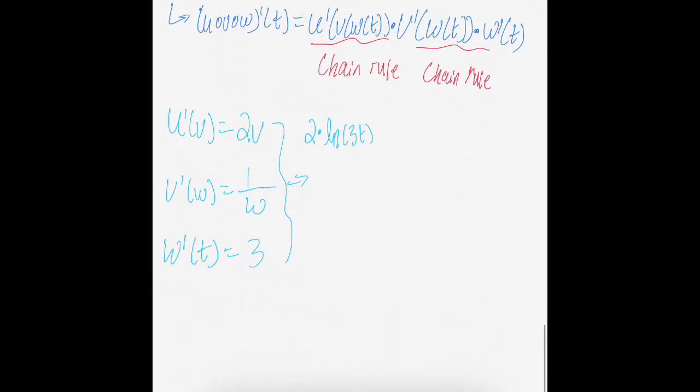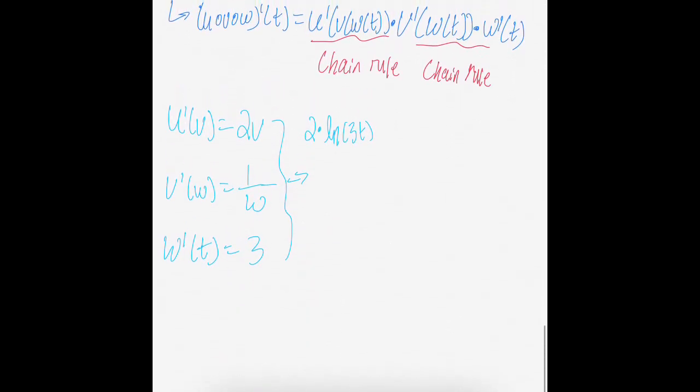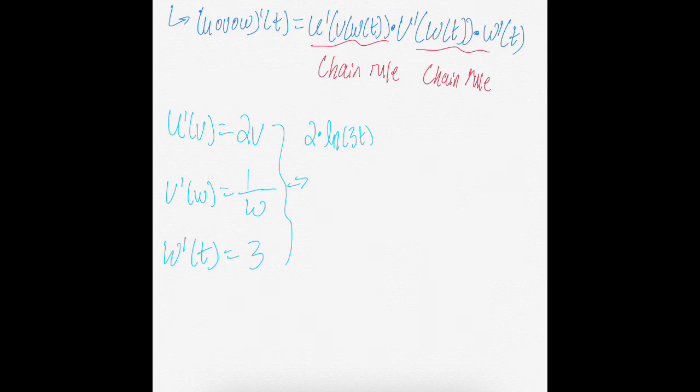Okay, we can kind of see that here. This v of w of t, first it turned into v of 3t, and then it turned into ln of 3t. So 2 times ln of 3t. Now I need to multiply that by v prime of w of t. Well, v prime says do 1 over whatever is on the inside.